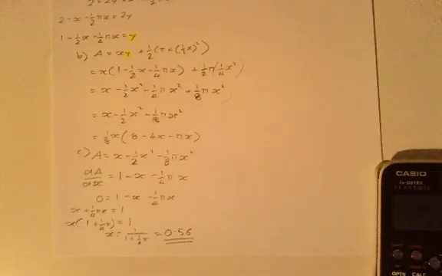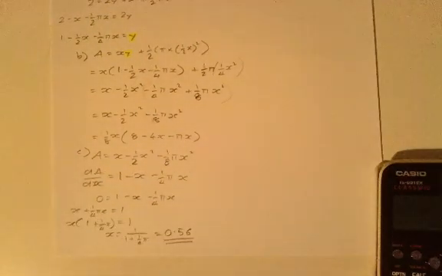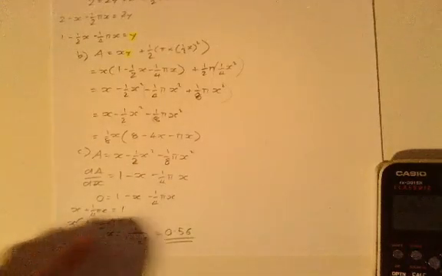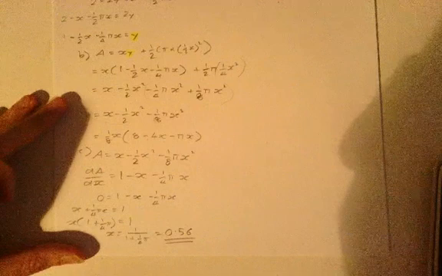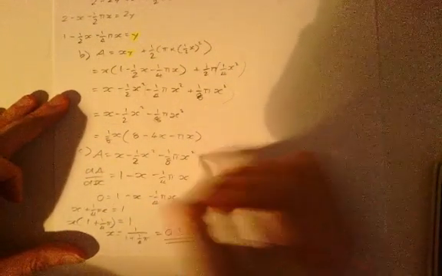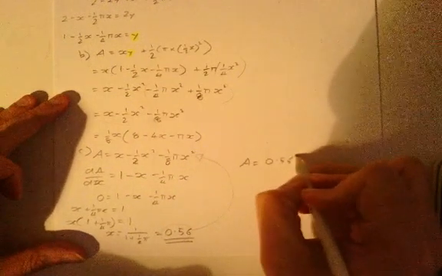Okay, so what that means is that the area will be at a maximum when x equals 0.56. I'm being asked to calculate this maximum area, so I now sub this back into the formula for the area.